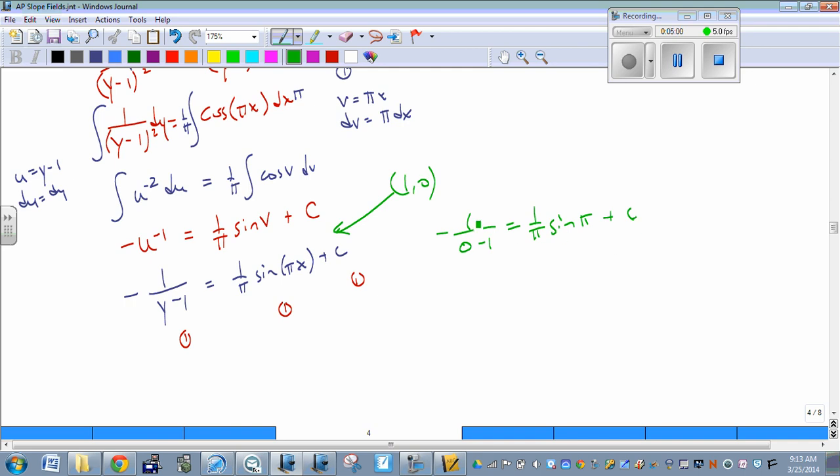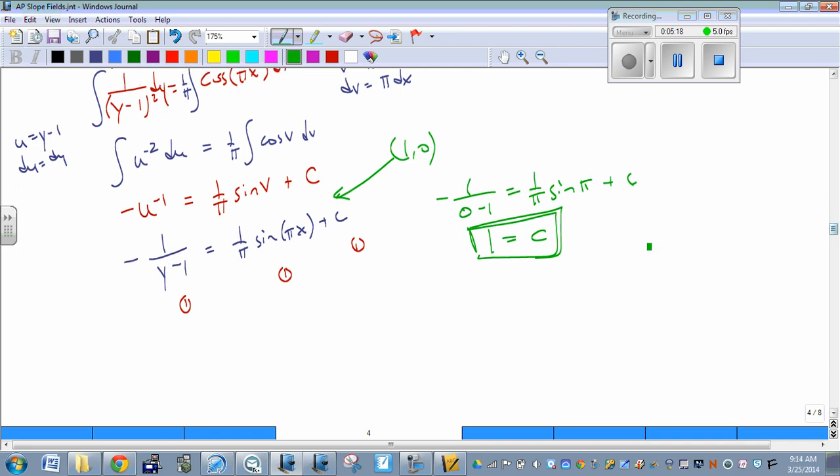So negative 1 divided by negative 1 just gives us 1 over here. Sine of pi is 0, so we end up getting c equal to 1. So this is just a coincidence that came out to the same as the one in part B when they were asking for a c value also. But here c equals 1.